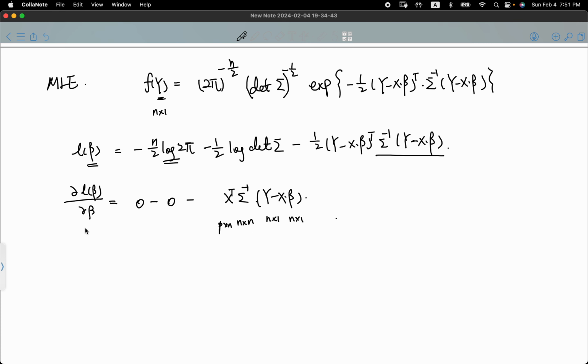We should have a p by 1 here. The 1/2 and the 2 cancel. Don't forget there's another minus sign here, so it's a plus. Set it equal to 0.